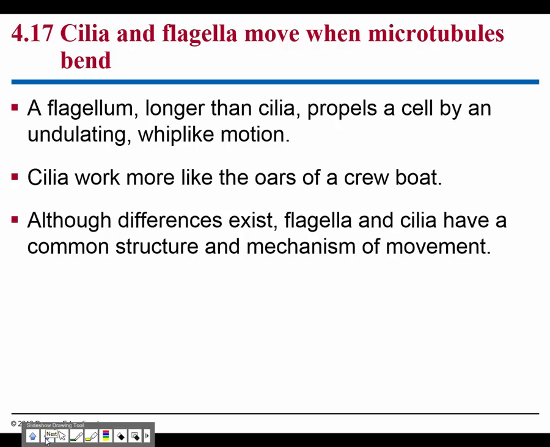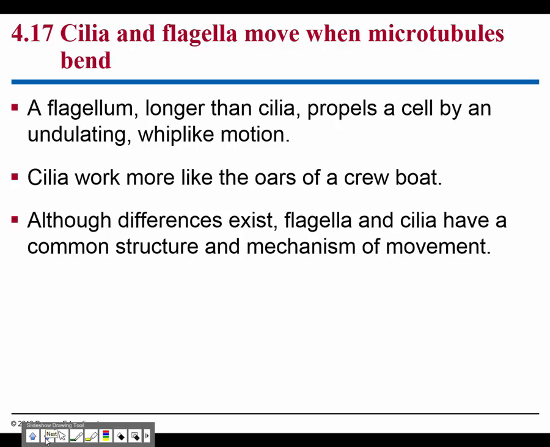Think of an otter, how they bound up and down. Or if you cut the legs off a cheetah and watched it run, how it would bound up and down. That would be undulating, or whip-like motion, whipping back and forth. Where cilia are more like the oars of a crew boat. It's more of a back and forth motion.